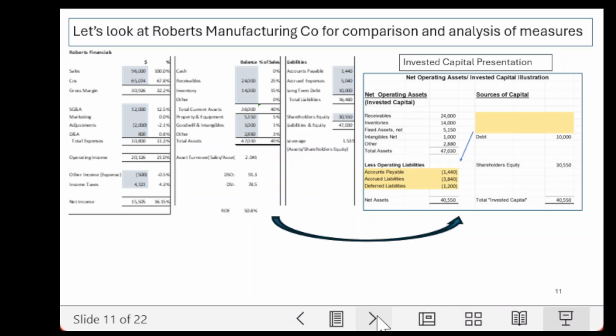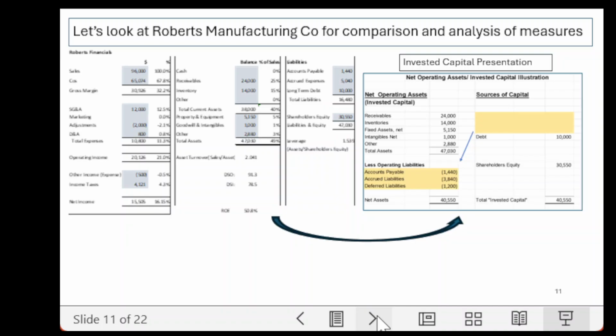And that is that we move the operating liabilities from the right-hand side of the balance sheet to underneath our operating assets so that we arrive with net operating assets or invested capital. And that leaves the right-hand side very clearly representing the sources of capital, debt, and shareholders' equity.